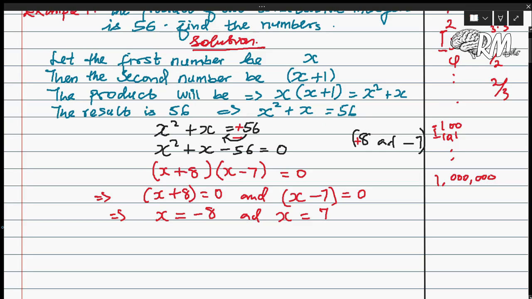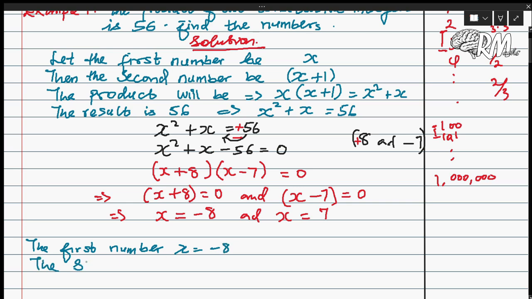From our answer for x, we have two answers, minus 8 and 7. So we're going to do them one after the other. So the first number, x, will be minus 8.